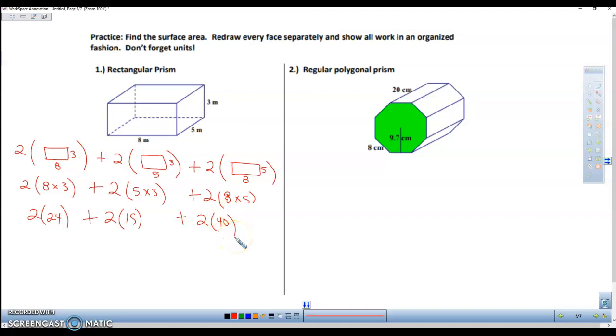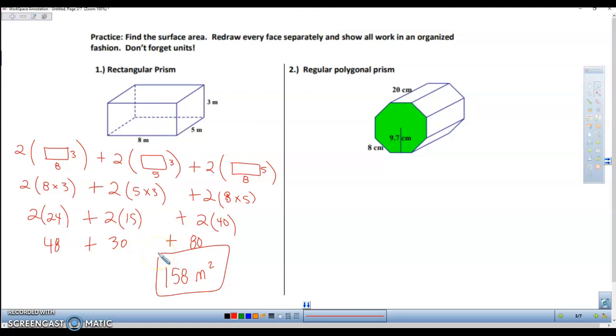So now, for finding my surface area, I'll simply add all those together. Let's see, this would give me 48 square meters, plus 30 square meters, plus 80 square meters. And so together, the surface area of this entire thing is 158 square meters.